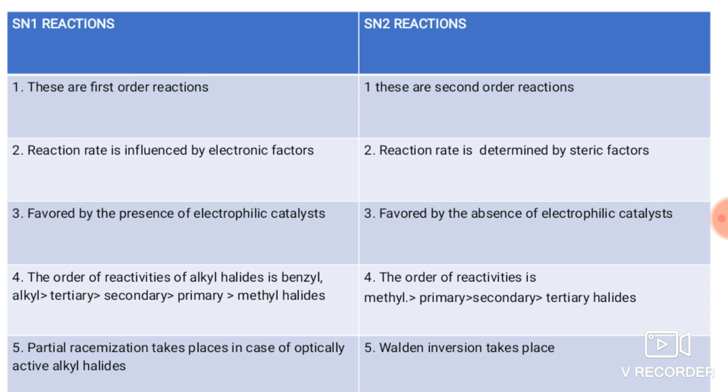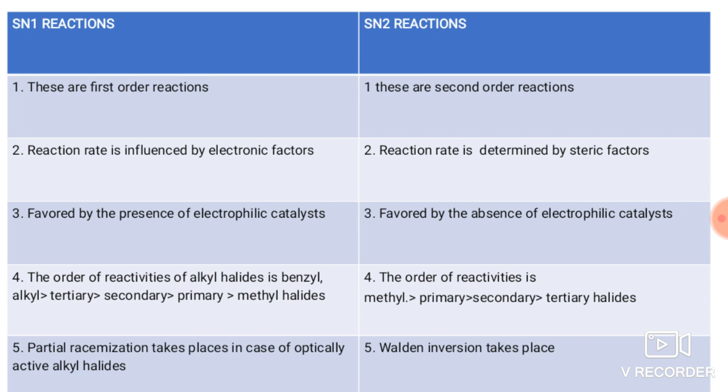The order of reactivity of alkyl halides in SN1 reaction is benzyl, allyl, tertiary alkyl halides, secondary alkyl halides, primary alkyl halides and methyl halides. But in SN2 reaction, the order of reactivity is methyl, primary alkyl halides, secondary alkyl halides, tertiary alkyl halides. So it is quite opposite to the SN1 reaction.